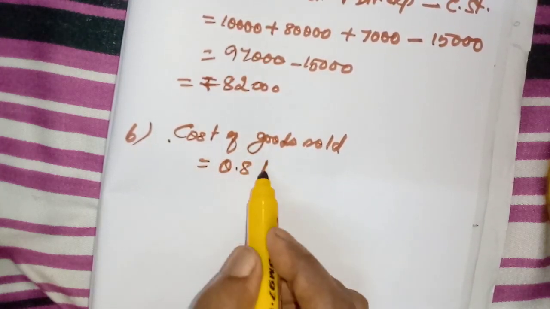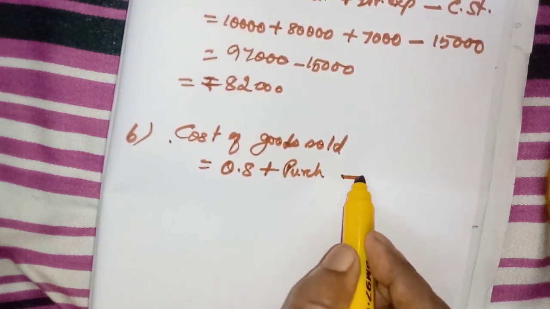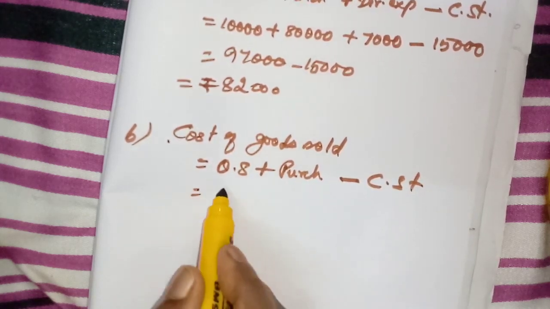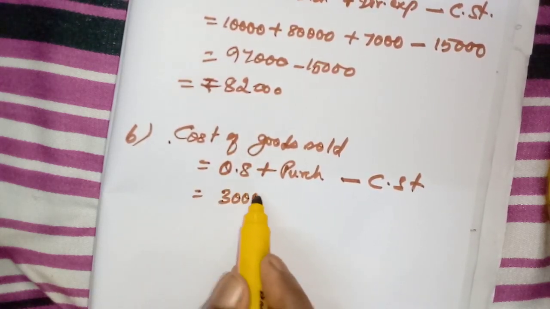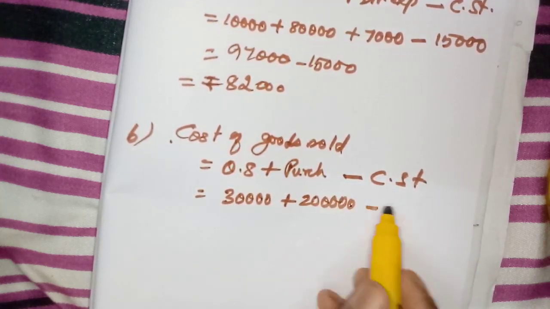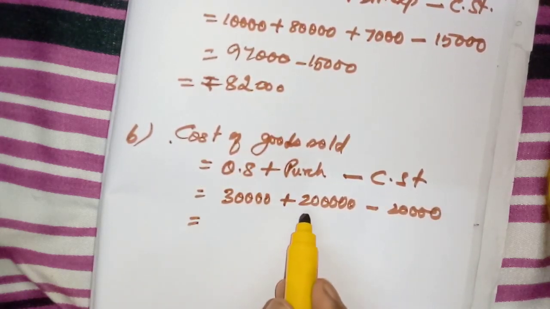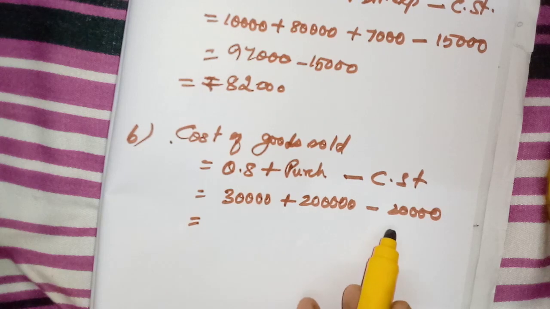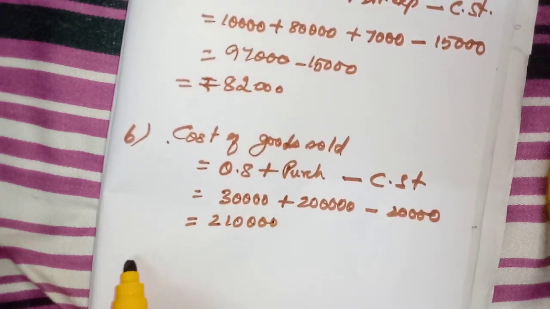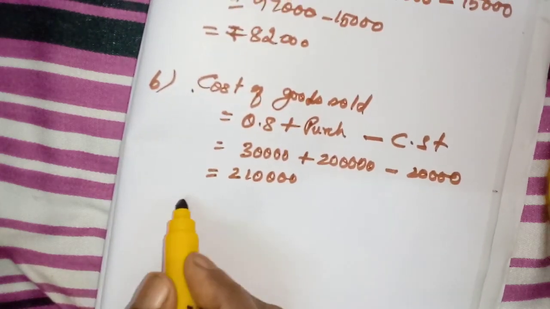Opening stock, add purchases, no direct expenses here, isn't it? So closing stock, what is opening stock? 30,000 plus purchases 2 lakh minus closing stock 20,000. 2 lakh 30,000 minus 20,000, 2 lakh 10,000. Okay, here you see cost, one formula is there.